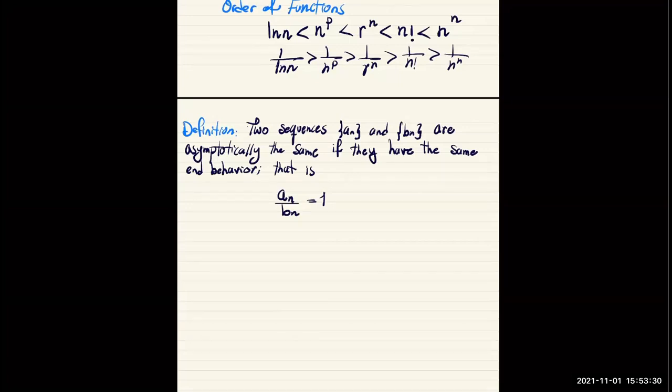But we want this to happen in the long run, meaning when n goes to infinity. If the ratio of two things is 1, then those two things are the same in the long run. That's what asymptotically the same means, when the limit of the ratio is equal to 1.